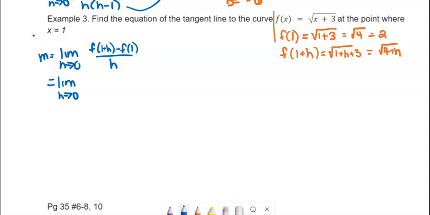Okay, f of 1 plus h is root 4 plus h minus 2. So I'm just plugging these guys into this spot all over h. Okay, so I have a radical here that I'm going to rationalize, and I'm going to do that by multiplying by its reciprocal.